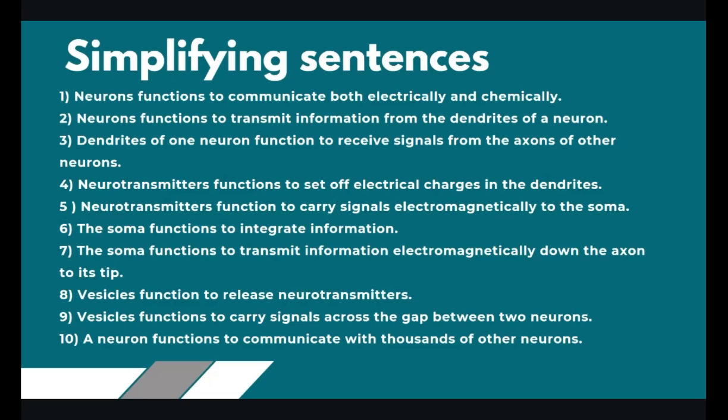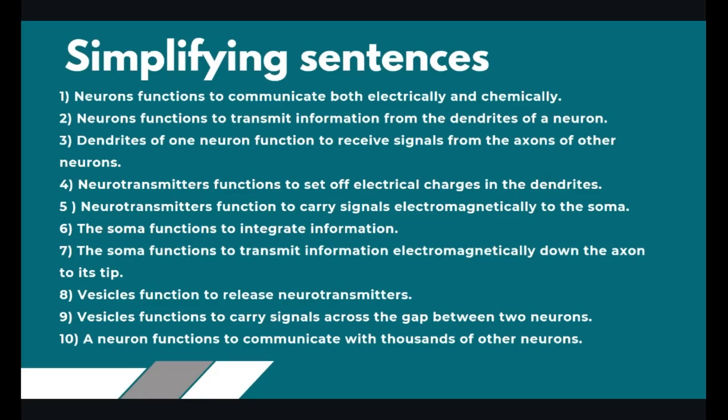The next, neurotransmitters function to set off electrical change in the dendrites. Next, neurotransmitters function to carry signals electromagnetically to the soma.